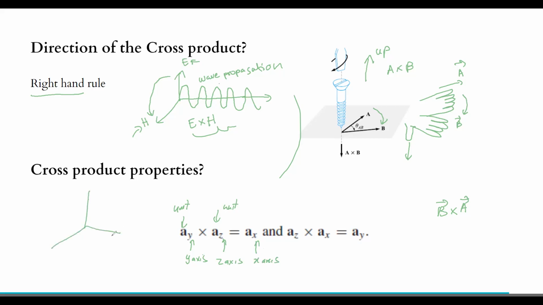So what do I mean? If we take a Cartesian coordinate system which has x, y, z axes, we can take the unit vector along the x-axis as i hat, and then the unit vector along the y-axis as j hat, right?